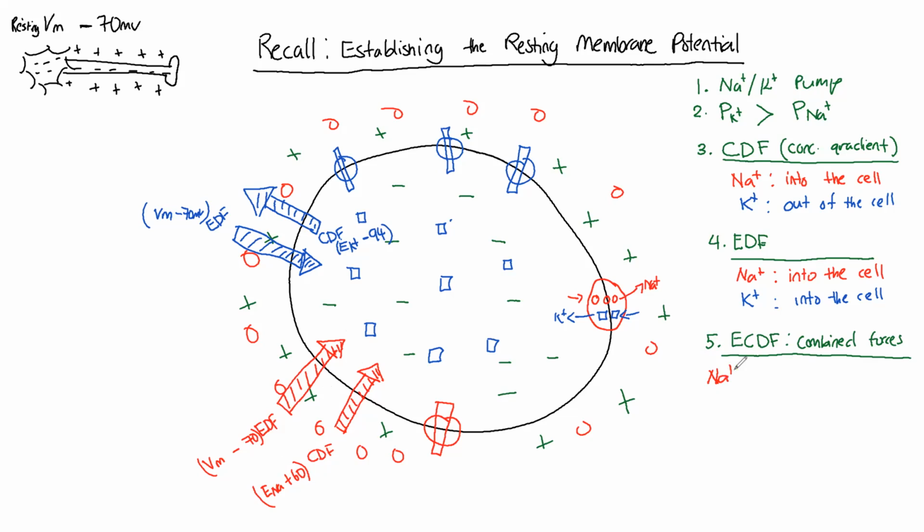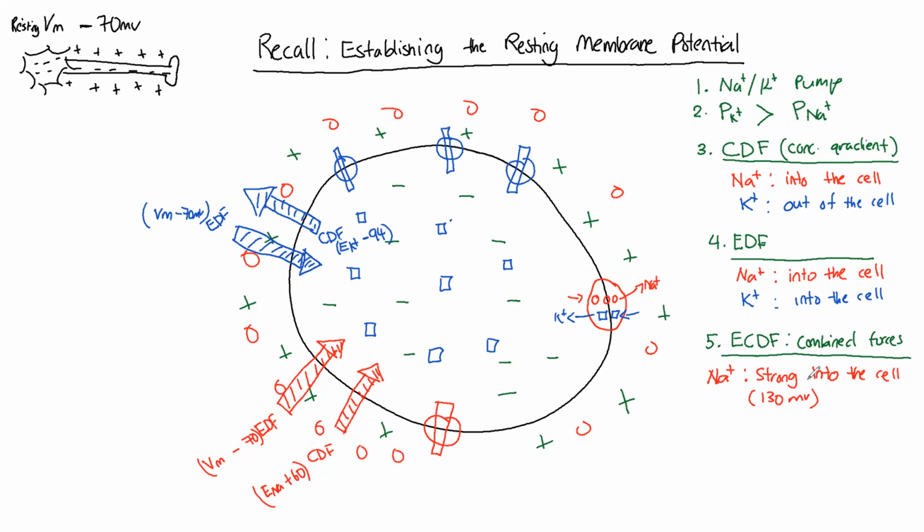So sodium will have a strong ECDF into the cell. And the magnitude of that ECDF will be just combining these two values. So that'll be 130 millivolts, okay?